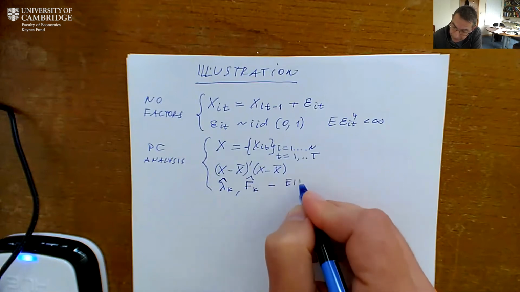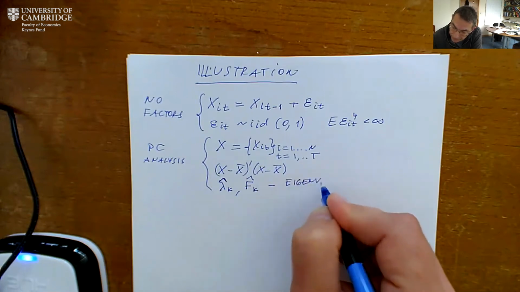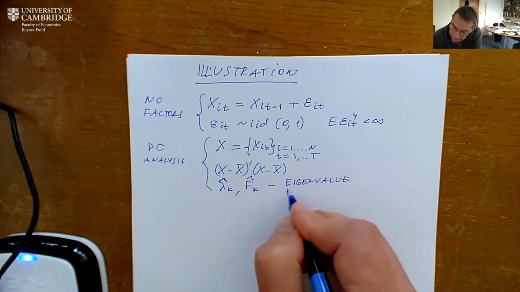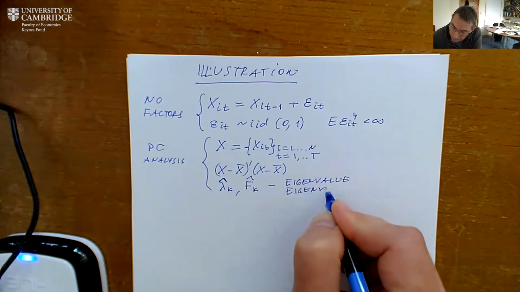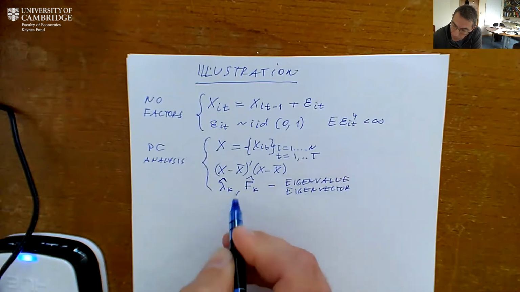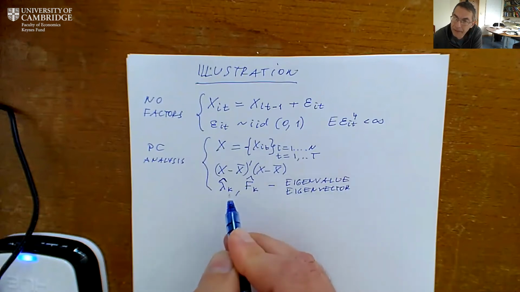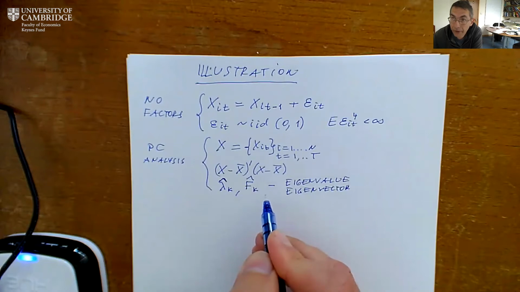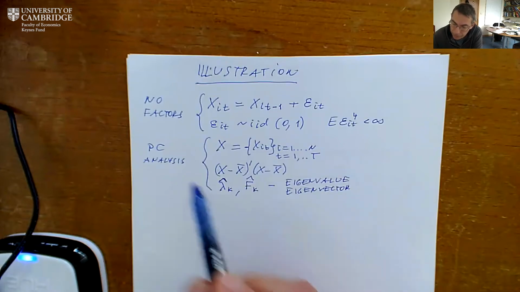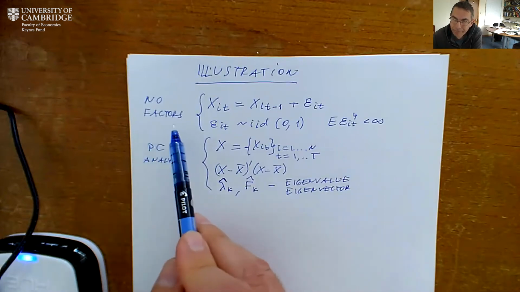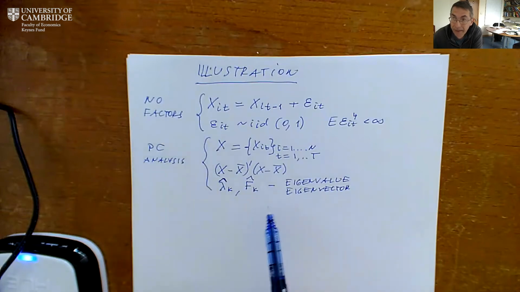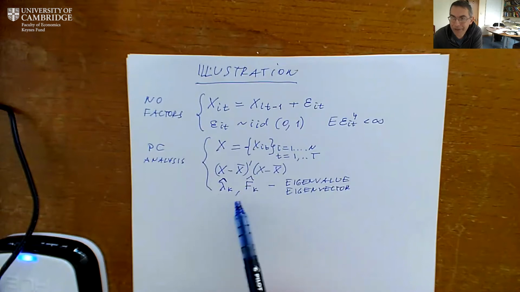So these are the eigenvalue and eigenvector. The first one will correspond to the largest eigenvalue and the strongest factor. The second one will correspond to the second largest and the second strongest factor, et cetera. So of course, there are no factors in the data. You might think that this will be something not very significant, not very large.